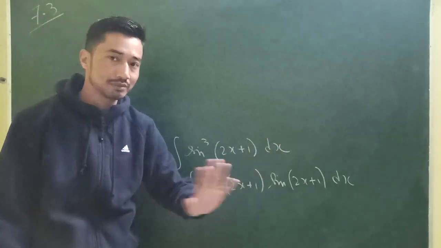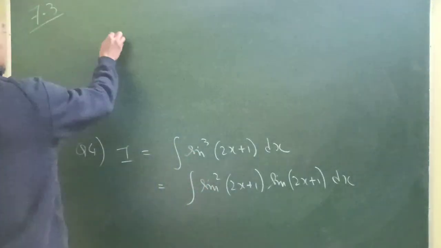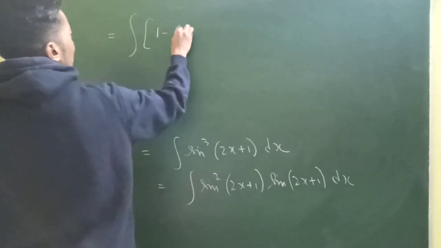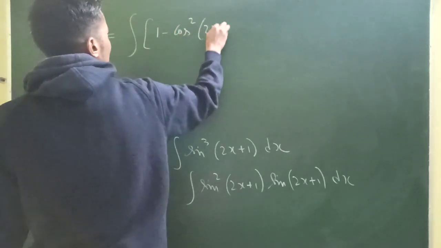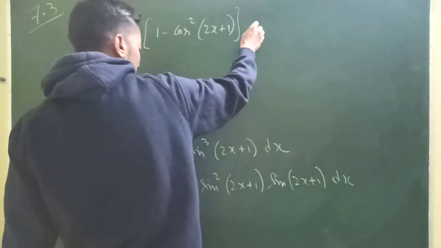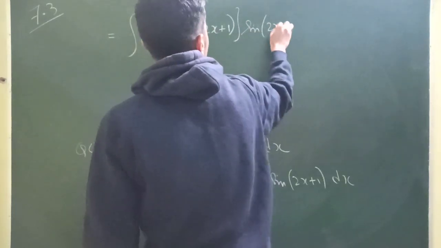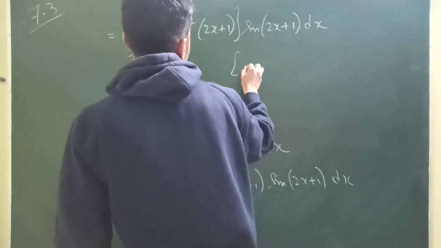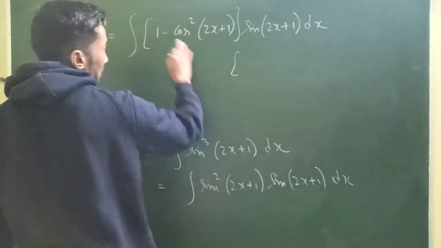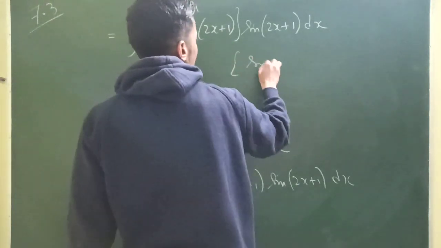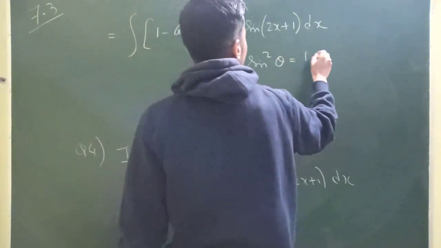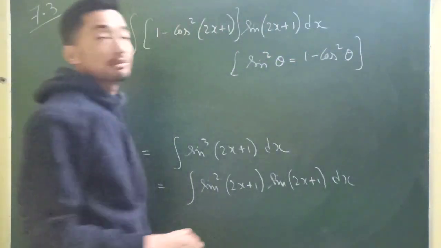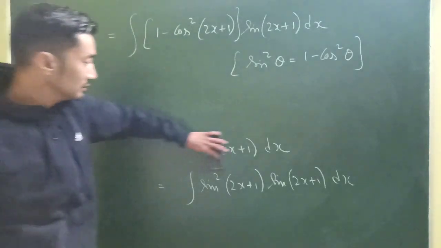I'm just doing that because I have some plans regarding substitution. That is 1 minus cos squared of 2x plus 1, times sine. This comes with practice. You will also understand all this with practice. Sine squared theta is nothing but 1 minus cos squared theta, because in class 10th trigonometry we have already seen this trigonometric identity.